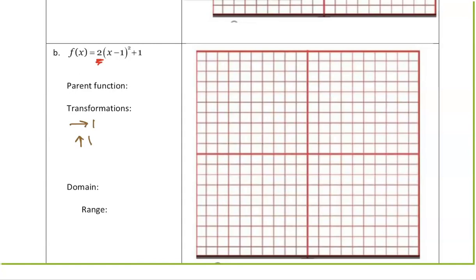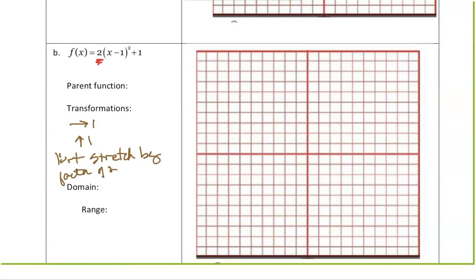Okay, so the new thing is that I'm going to do a vertical stretch by a factor of 2.